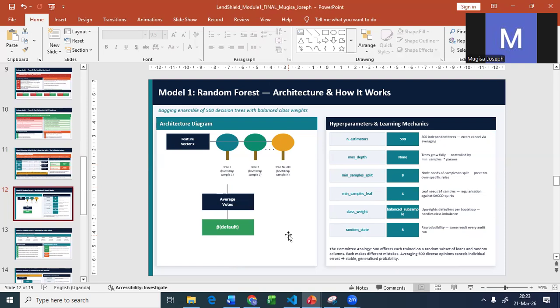Think of an organization having just one loan officer. That loan officer is going to come up with a set of rules, each with a simple true or false answer. For example, is age greater than 25? If the age is greater than 25, go one way; less than 25, go the other.